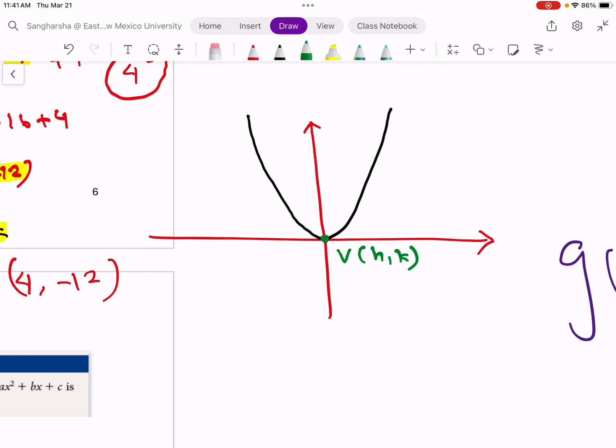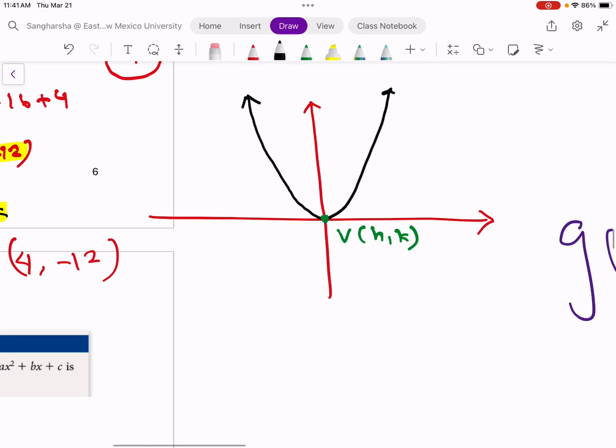Now, can you tell me the interval where the graph is increasing? This is your (h, k), in general. In this case it is (0, 0), but let's write it in general. As we are moving from left to right, the graph is falling down.